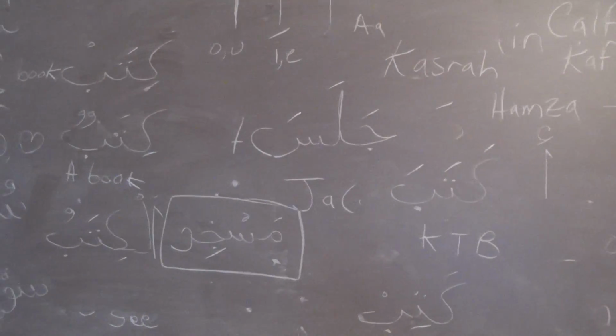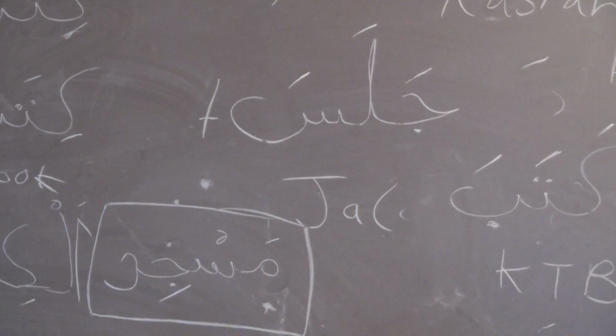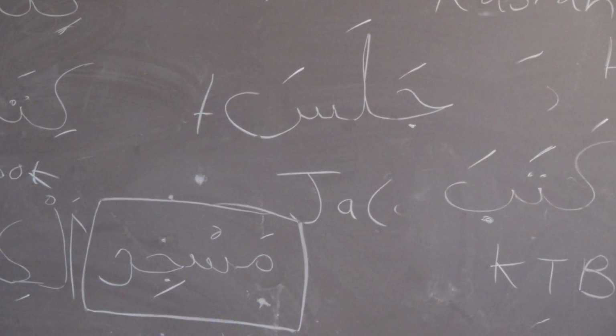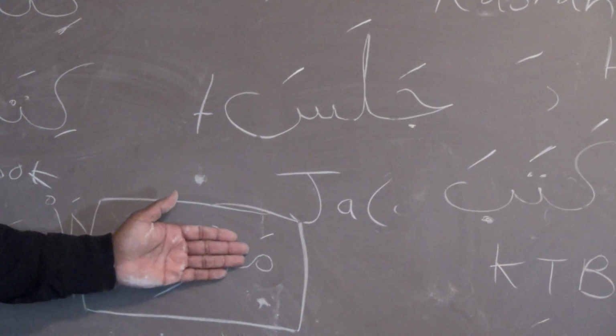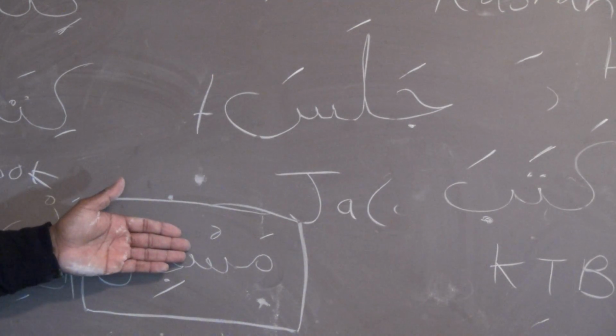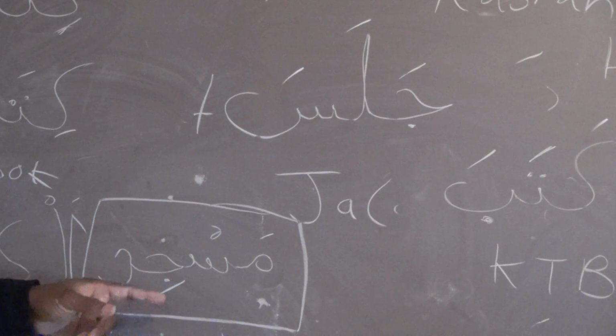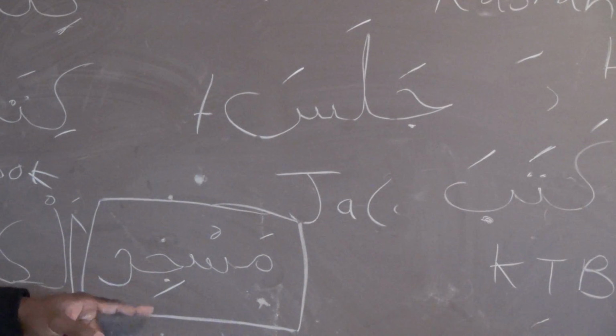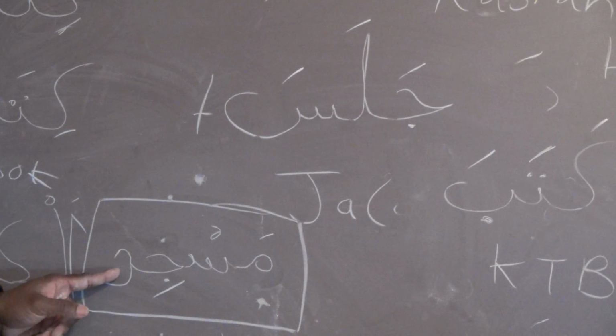First of all, here's the key thing again. We got to know the letters, right? We got to know how they look when they're at the beginning, the middle, or the ending. So identify the first letter for me here, would be what? Meem. Look at the chart for that. The second letter would be what? Seen. The third letter, okay, that's the jeem. See the dot right here? And the last letter, okay?